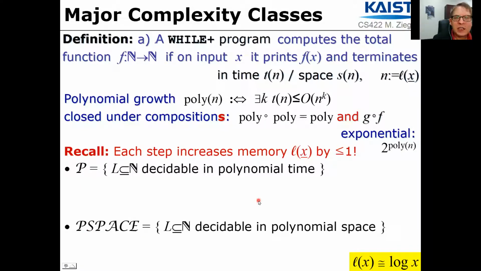Recall that each step increases the amount of memory used by at most one. So any algorithm that runs in polynomial time, like an algorithm deciding a problem in P, will automatically also use at most a polynomial amount of memory, and thus be an algorithm pertaining to the class PSPACE. So that led us to our first, not too hard, inclusion between complexity classes.